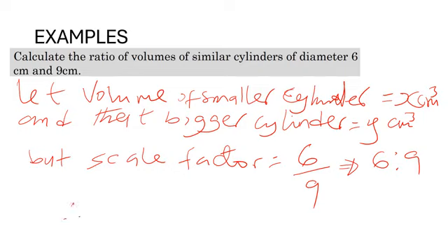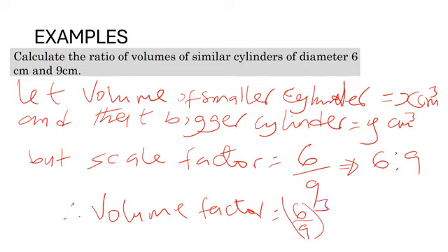Okay. Therefore, using the formula that we have shown, we know that the volume scale factor will be equal to the scale factor, which is 6 over 9, but in this case it has to be cubed, so it will be 6 to the power 3 over 9 to the power 3, which is the same as to say 6 cubed to 9 cubed.